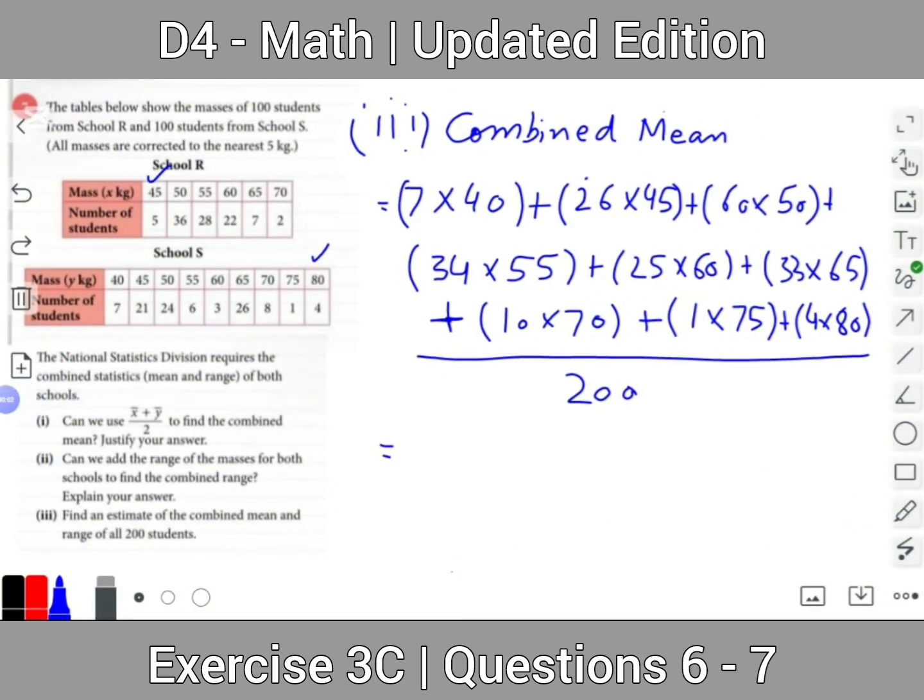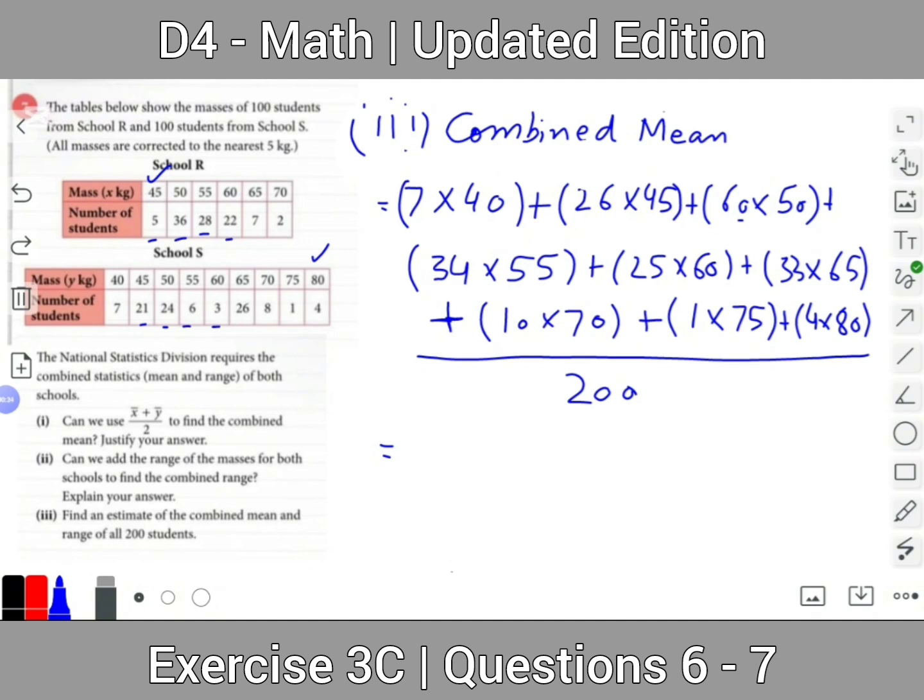we get this 26 just like adding up 21 and 5, so it will give us 26, and we get this 60 just by adding up 36 and 24. We get 34 just like adding up 28 and 6. We get 25 just adding up 22 and 3.